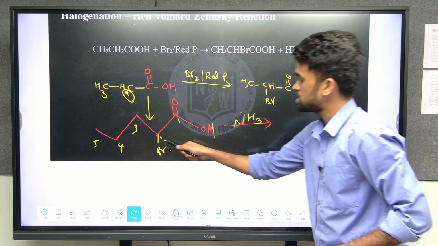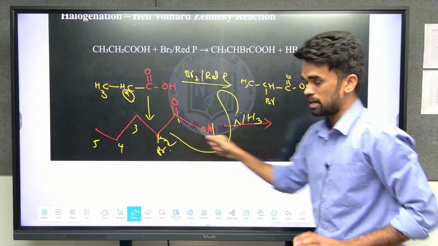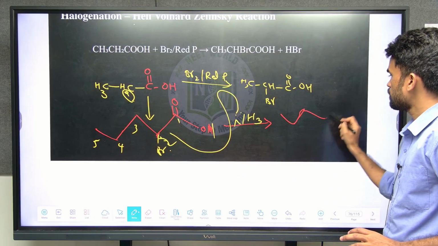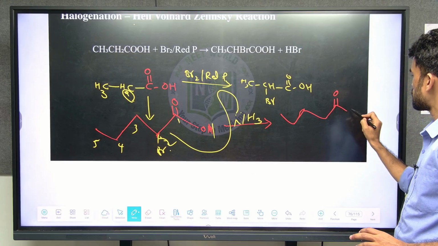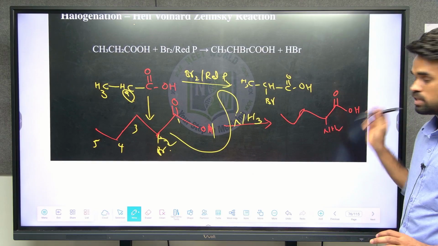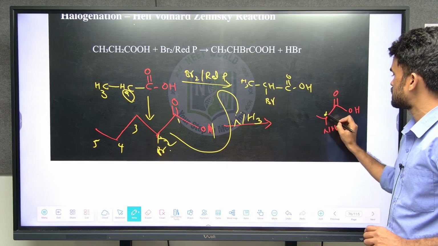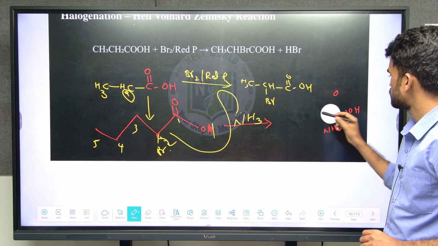So now in the place of bromine, NH3 will be substituted, like NH2. So finally COOH, and here NH2. See, alpha amino acid means like this only. Some R group, some alkyl chain, will be on this side.